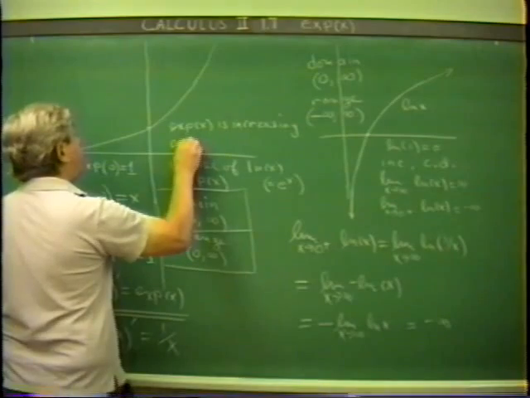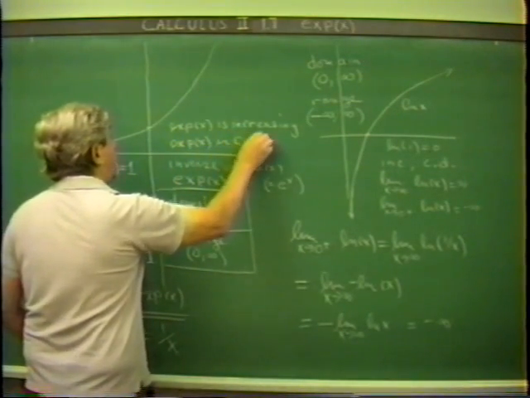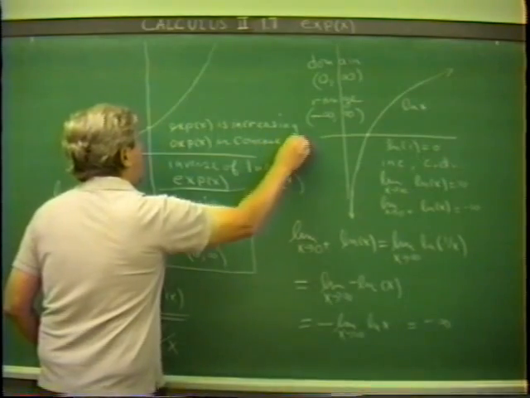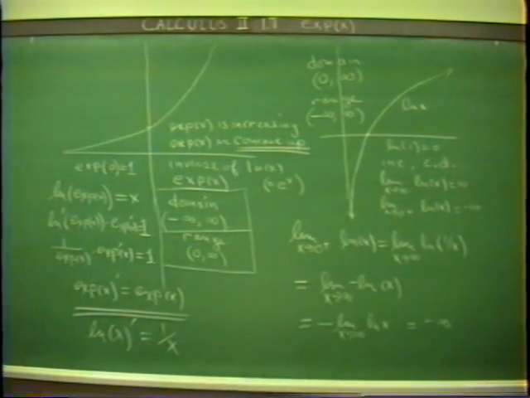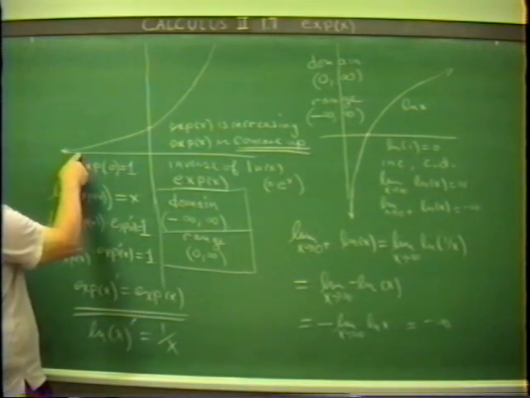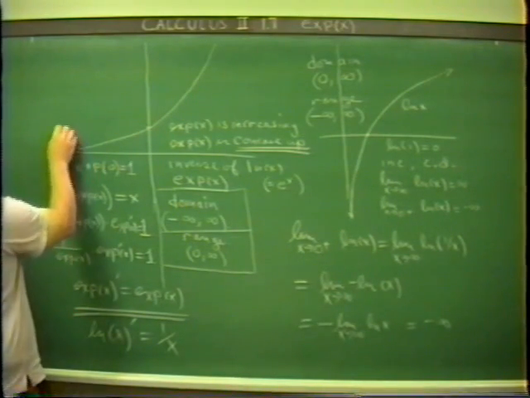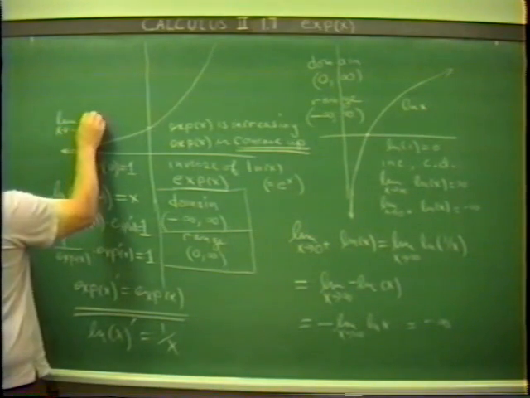Right? The second derivative of exponent is going to be exponent, which is going to be positive, and so since the second derivative is positive, the exponent of x is concave up. We also get that the limit as x approaches minus infinity of exponent of x is 0.